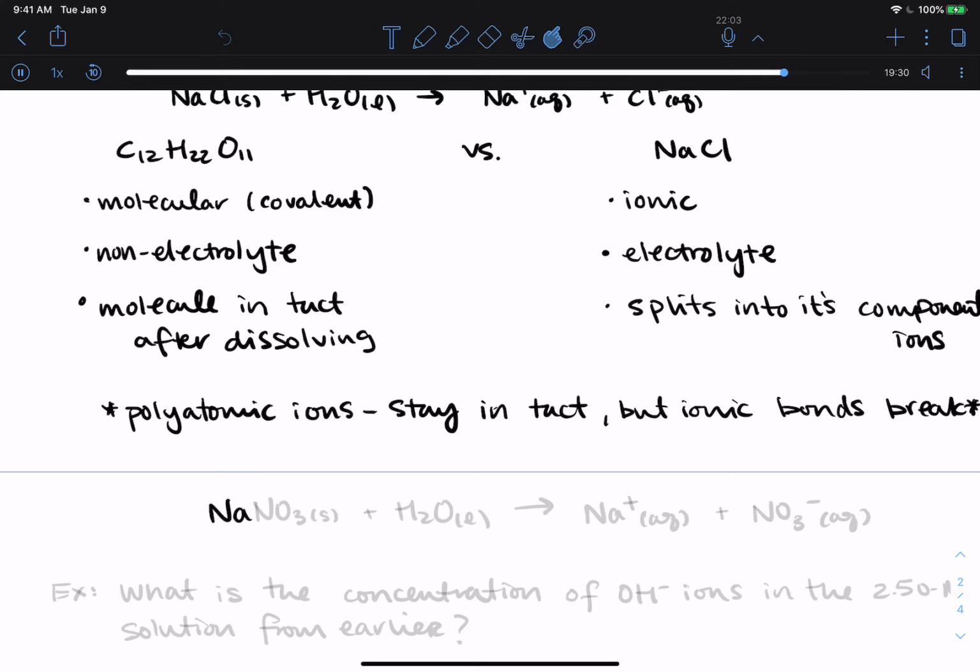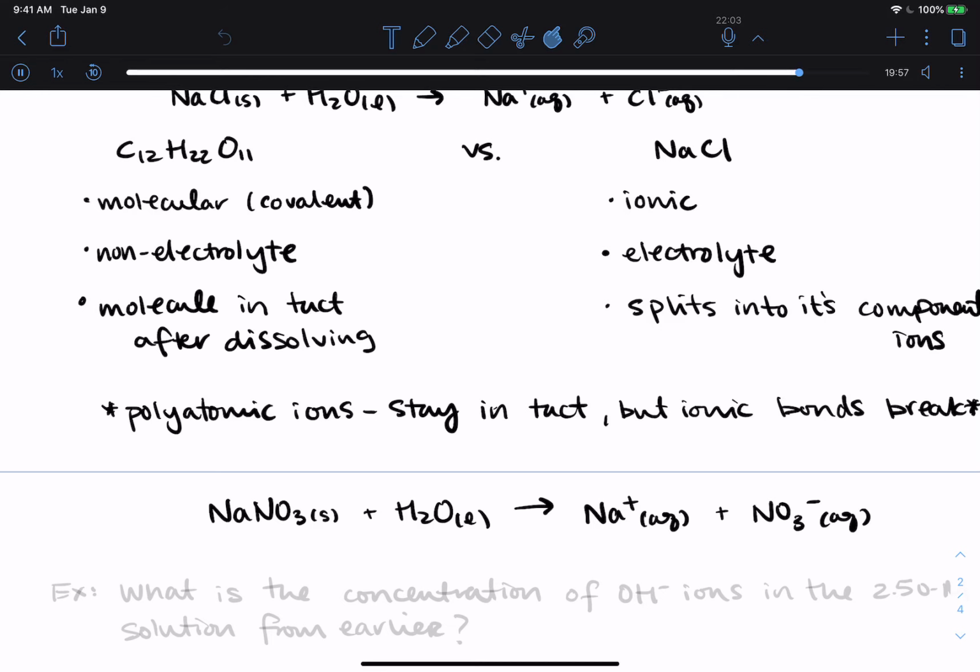If we took NaNO3, put it in some water, you would get the ionic bond breaking, so the sodium would split up from the nitrate, but the nitrate as a polyatomic ion would completely stay together because those are covalent bonds.